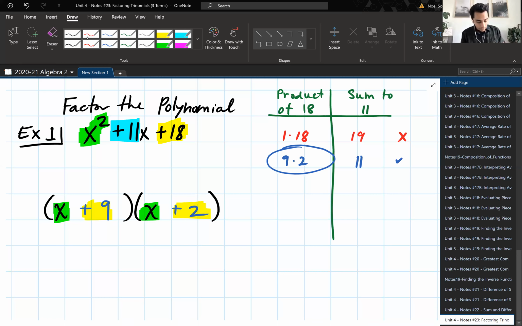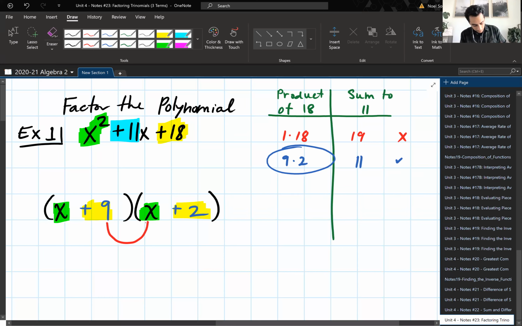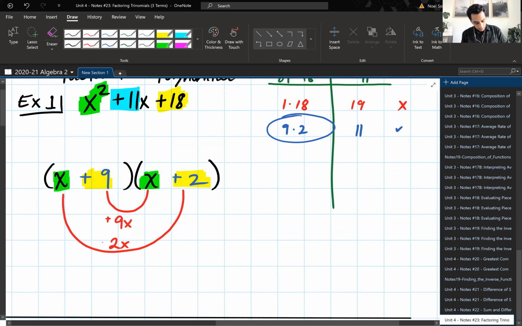So how do I test for that? Well, I'm going to multiply 9 times x to get 9x. X times 2 is positive 2x. So these are both positive. When I add them up, I get 11x, right? That checks out because that's what the middle term is that I'm supposed to get back.